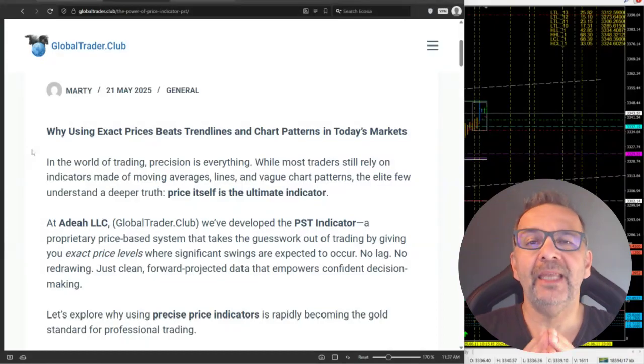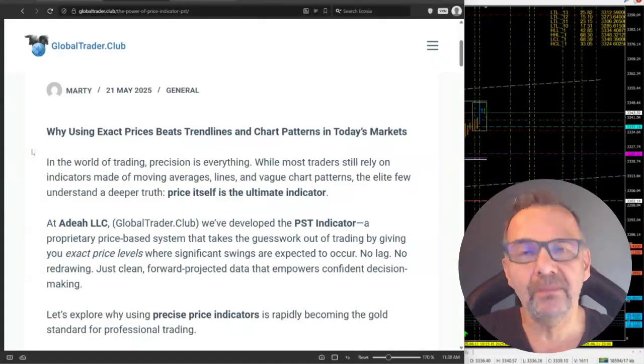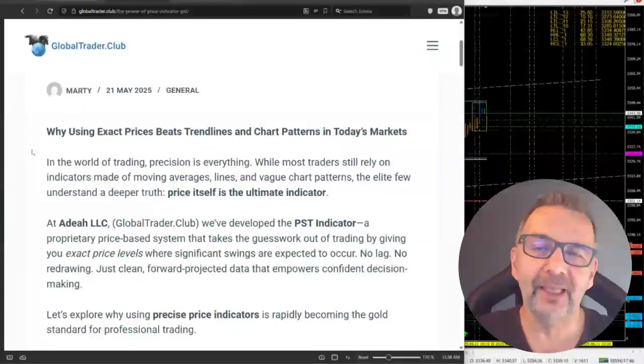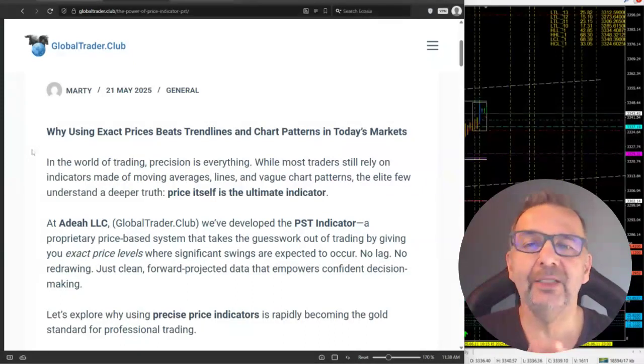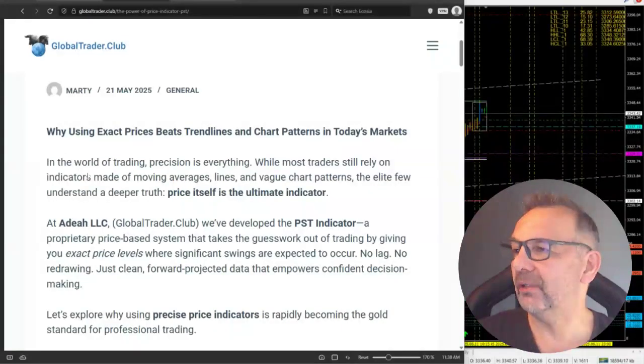Having an exact price gets rid of all the cloudiness and all the setup waiting, because if price and time match, that's it. That's your price, that's your time, that's when you need to trade. So understanding that we have a time and price correlation is really good, and when they match, you're going to get a very good trade.